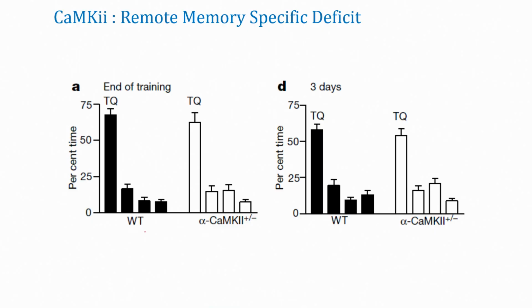Okay. What do we see? So, they took these mice and subjected them to the water maze experiment. When you do that, you can see the comparisons we are talking about, wild type versus the alpha CaMK2 heterozygous mutant. The plus slash minus represents that.